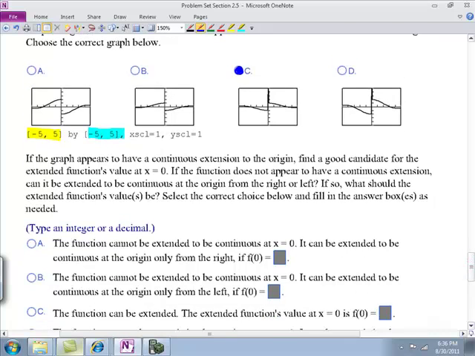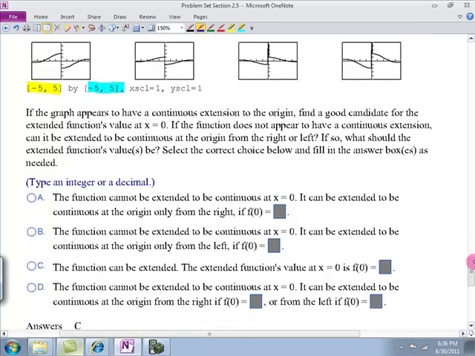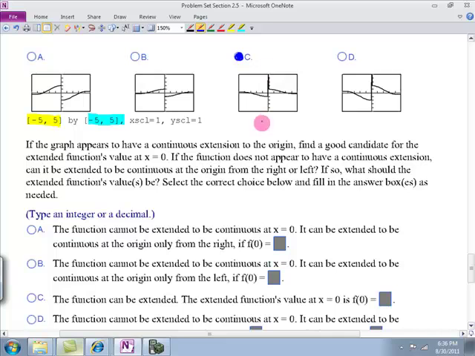If the graph appears to have a continuous extension to the origin, find a good candidate for the value at x equals 0. What I want you to think about is, is this continuous at x equals 0? Is it coming in this way? From the left and the right, it's totally different, so are we going to be able to remove that?